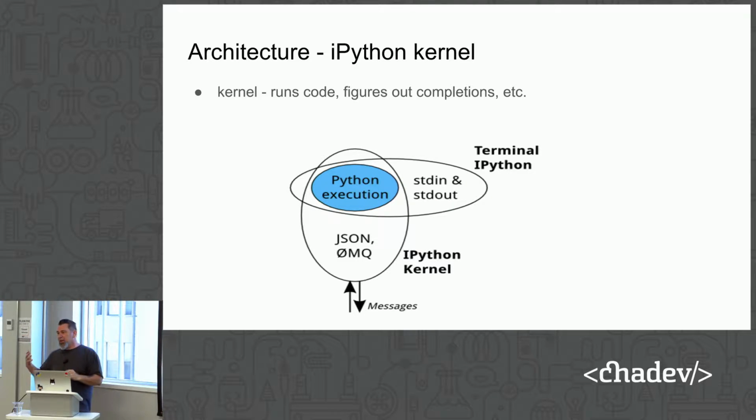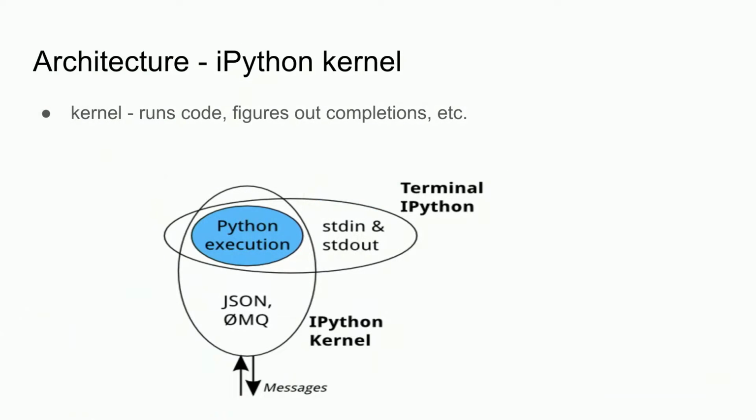The terminal ipython, which is where this all started, and the ipython kernel, which are two separate pieces of software, share that Python executable right there in the middle. So you can log into ipython completely unrelated to the notebooks or any of the other front ends, and it shares the same executable space as if you were to log into anything that uses the kernel itself.